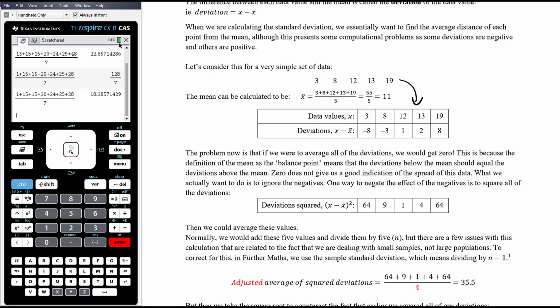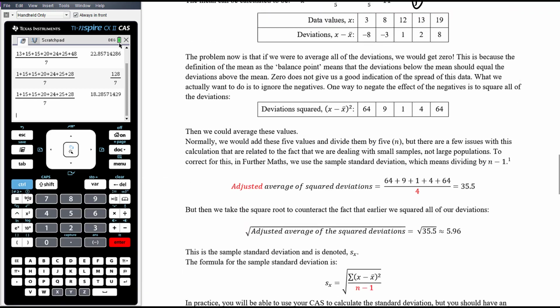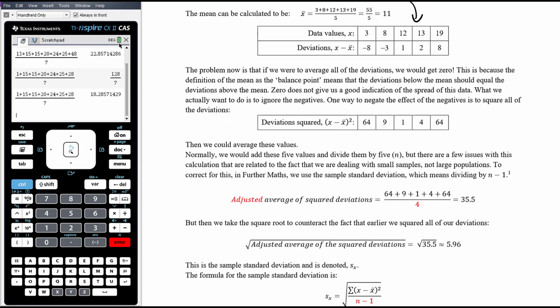But we don't want the average of the deviations, we want the average of the distances. We want to be able to think about this as positive 8 and this is positive 3. However, that's not that easy to do mathematically, so instead of just changing the negatives to positives, because you've got to think about these processes have to apply over a very large data set potentially, what we do is we square all the deviations.